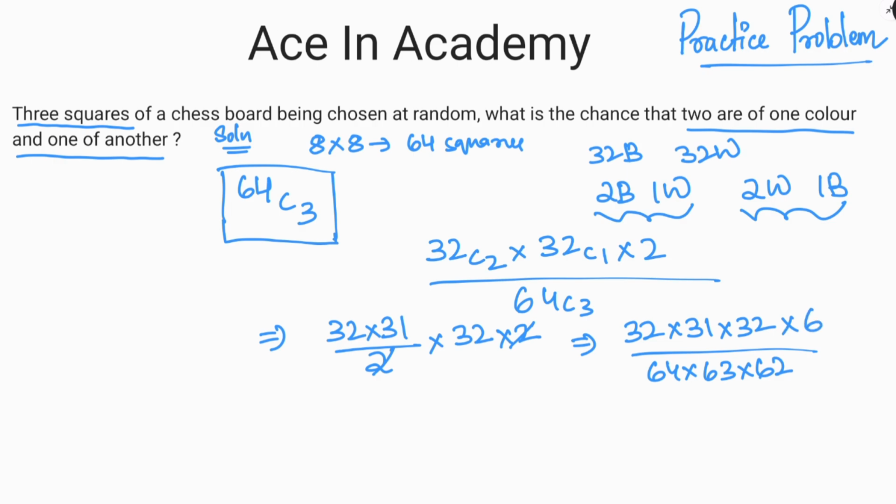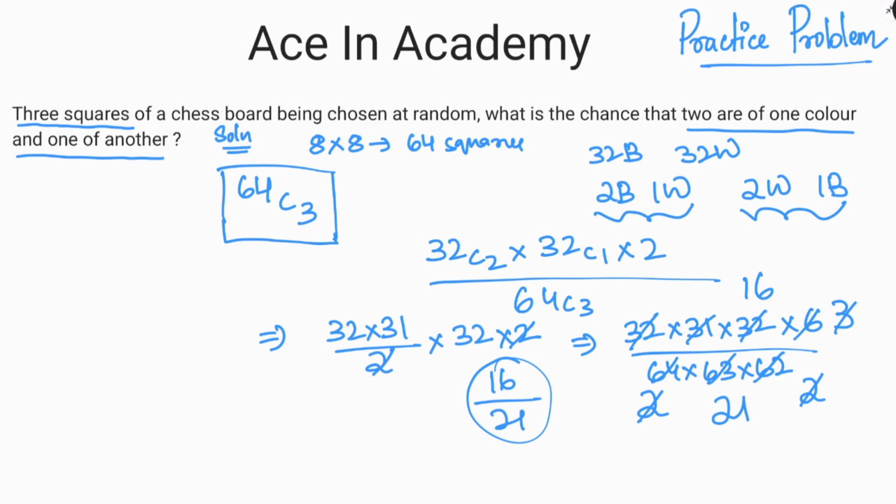Now we can cancel out most of the terms. 32 and 64 will get cancelled and we'll get 2 over here. This 31 and the 62 will get cancelled, so we'll get a 2 over here. Now this 2 and 6 we can cancel out, so we'll get 3 over here. And this 3 and 63 will get cancelled, so we'll get 21. And 2 and 32 will get cancelled, so we'll have 16. So our final answer comes out to be 16 by 21.